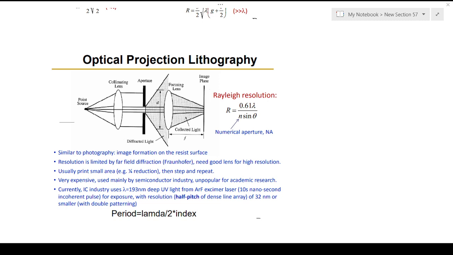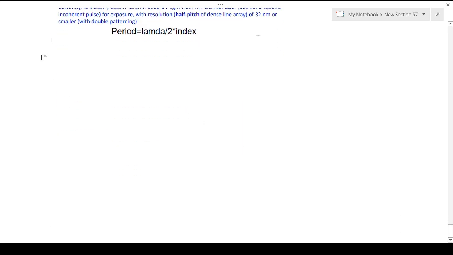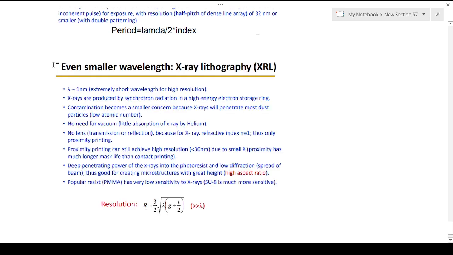The X-ray will be produced by synchrotron radiation, which has high energy but low wavelength. So if you want to utilize such a technique, you can go for X-ray lithography in order to pattern your given material.